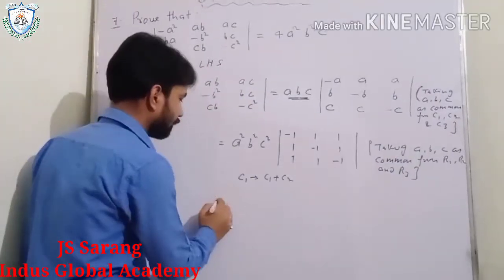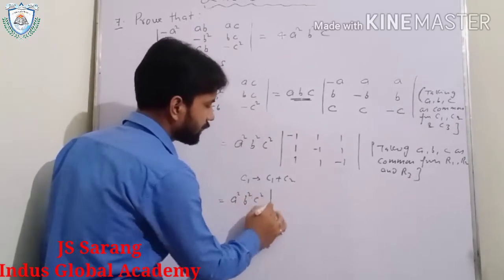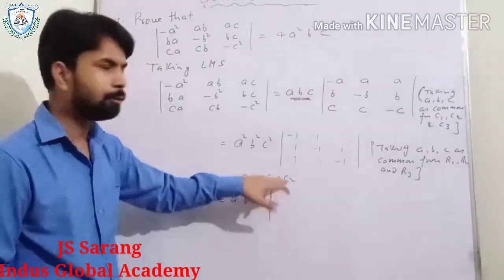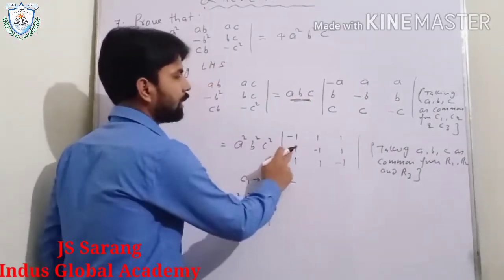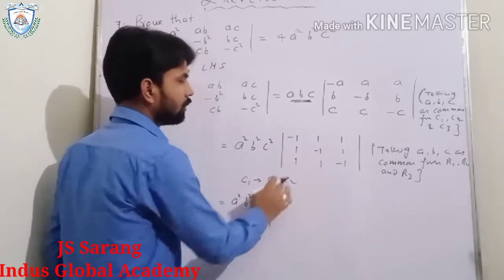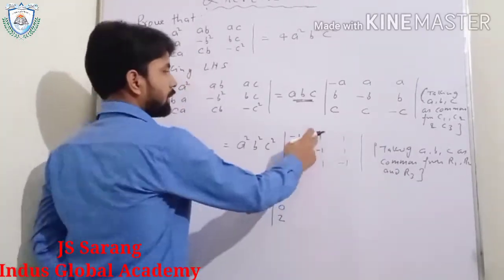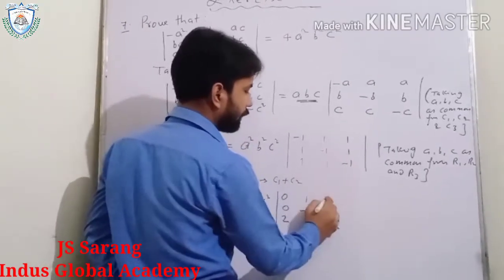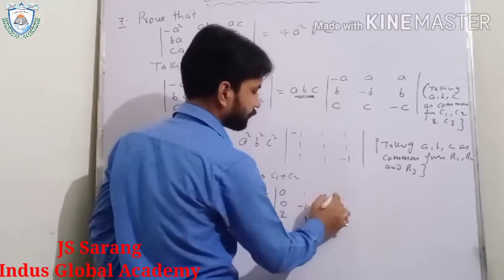So what we will get? a square, b square, c square. In C1 we will apply this operation C1 plus C2. So minus 1 plus 1, that is 0. 1 minus 1, 0. 1 plus 1, that is 2. C2 will remain same: 1, minus 1, 1. C3 will remain same: 1, 1 and minus 1.